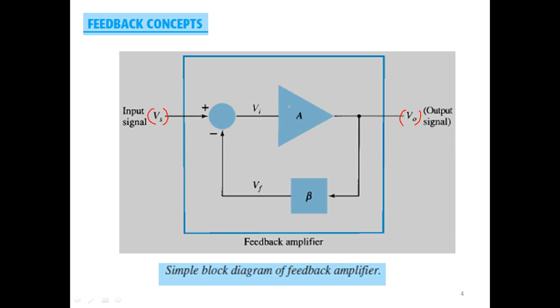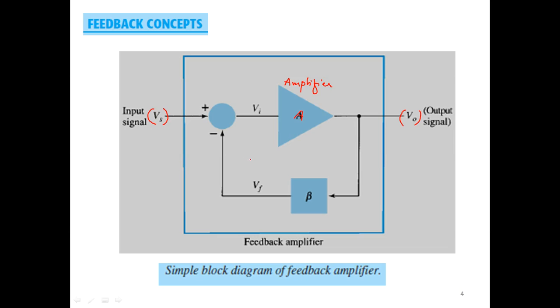The triangular shaped block is denoted by the symbol A. This is the gain of the amplifier, which means this particular section is the amplifier section. It usually consists of a biasing circuit.